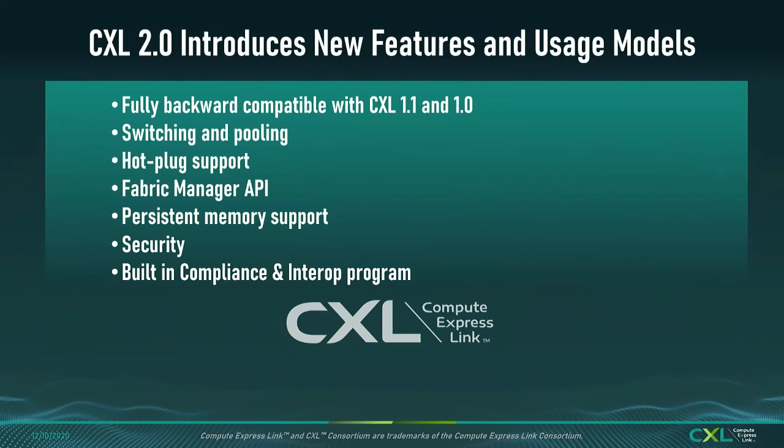We're going to touch on switching and pooling applications, which is a very big need of the CXL 2.0 spec. This is extremely important for providing fan-out to connect a larger number of devices to a single processor, as well as having efficiencies in a system so that you can easily allocate different memory pools to different CPUs.